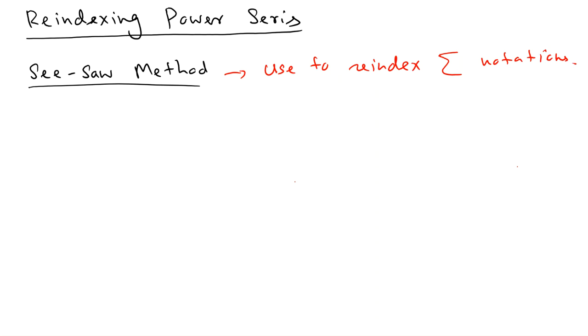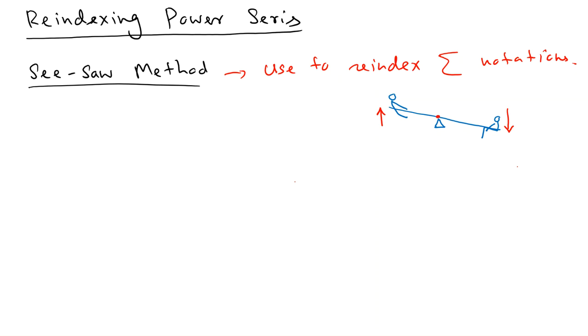So the idea is like this. Let's say there's a seesaw and there's a pivot, and there are two people riding it. Normally, one person goes up, and at the same time the other person goes down, but the pivot doesn't change.